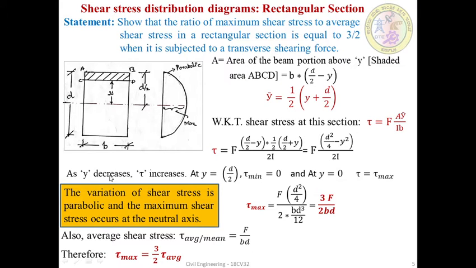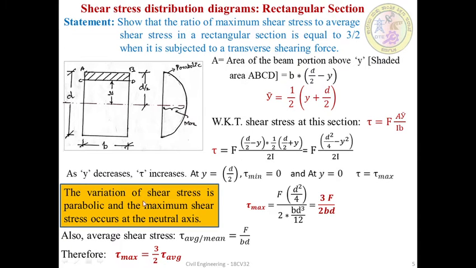As y decreases, tau increases. At y equal to d by 2, tau minimum is equal to 0, and at y equal to 0, about the neutral axis, tau maximum occurs.